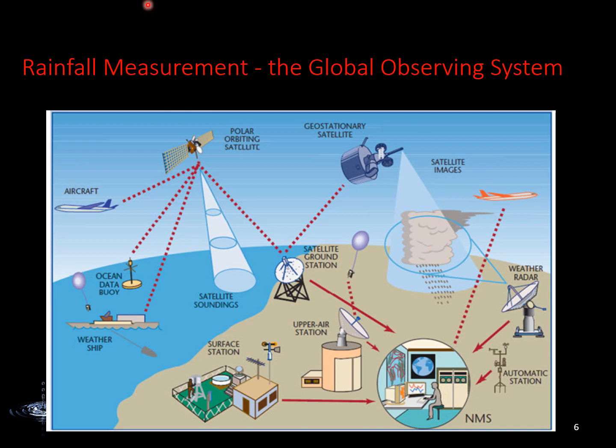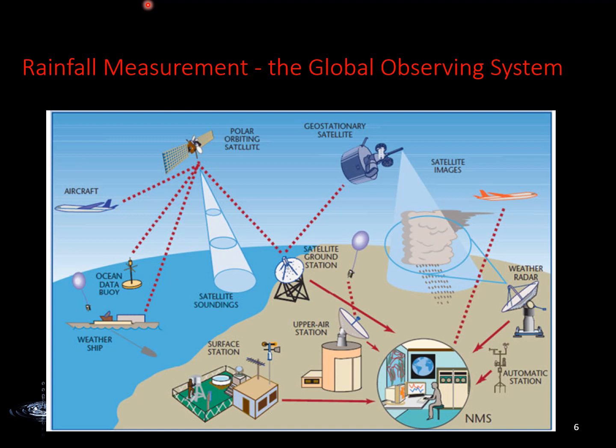Now, the tipping bucket that I showed before is an old system. We still use this because it is the ultimate actual measurement on the ground. But now we have a more advanced rainfall observation system.